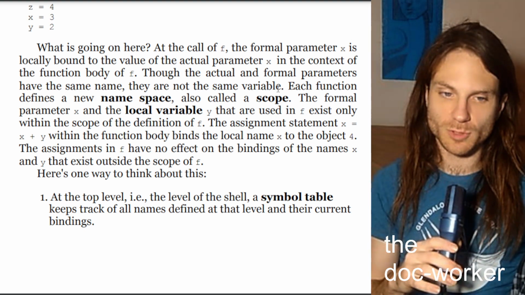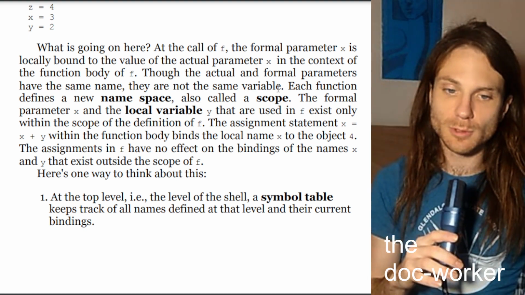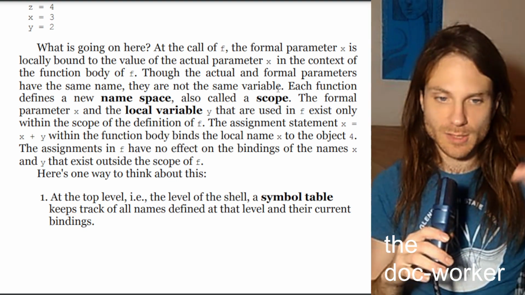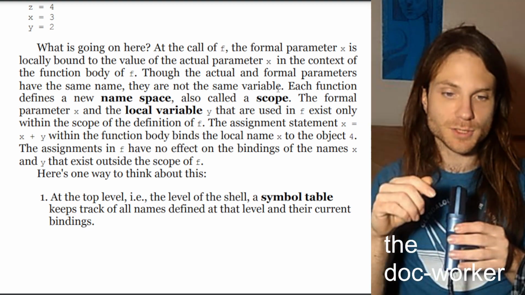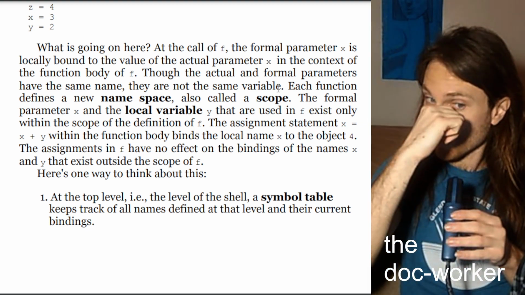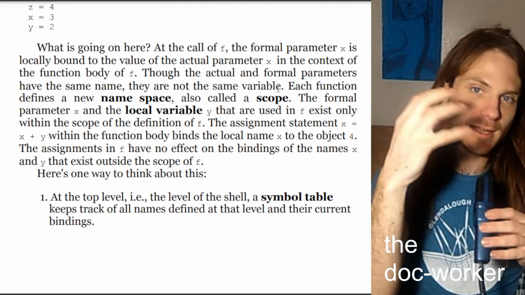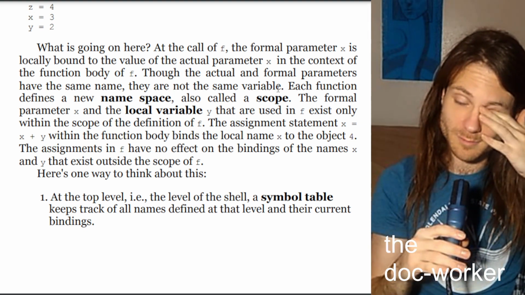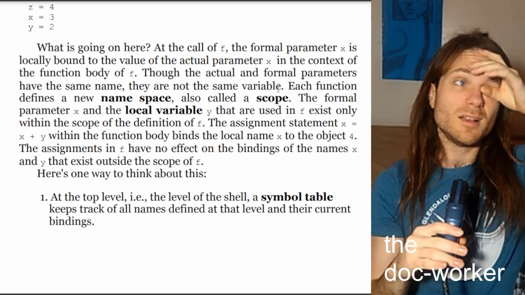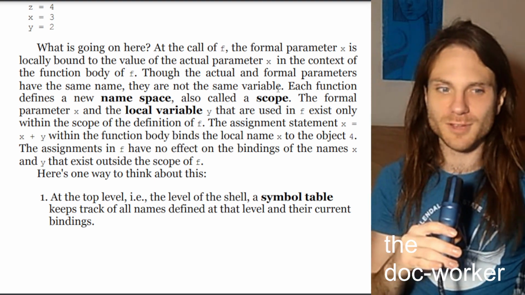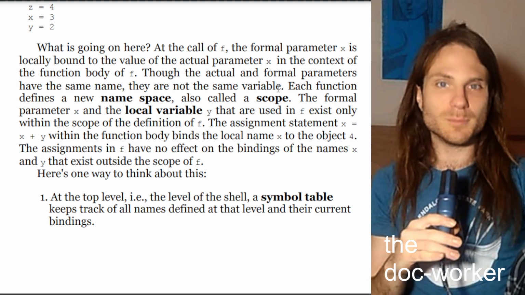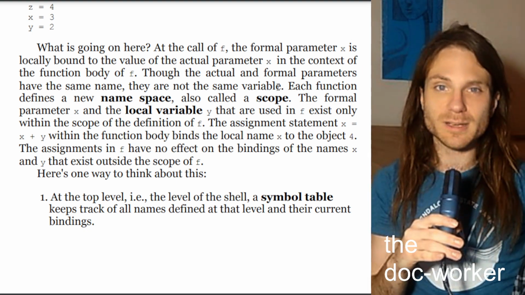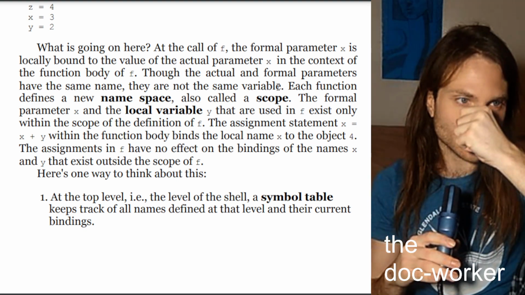The formal parameter x and the local variable y that are used in f exist only within the scope of the definition of f. It is only in that space that that name means that thing, and so outside of that function, you might use the same name. It's not referring to the same thing because it's in a different namespace, or scope.